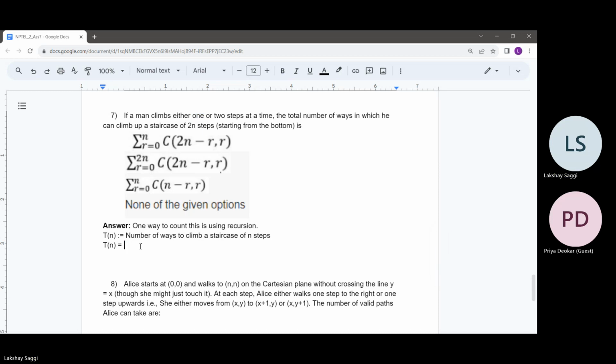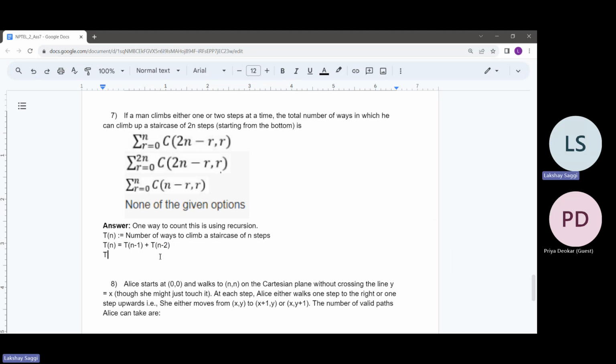If he chooses two steps, then there are only n minus two steps to be covered, and there is no other choice. So T of n is equal to T of n minus 1 plus T of n minus 2.